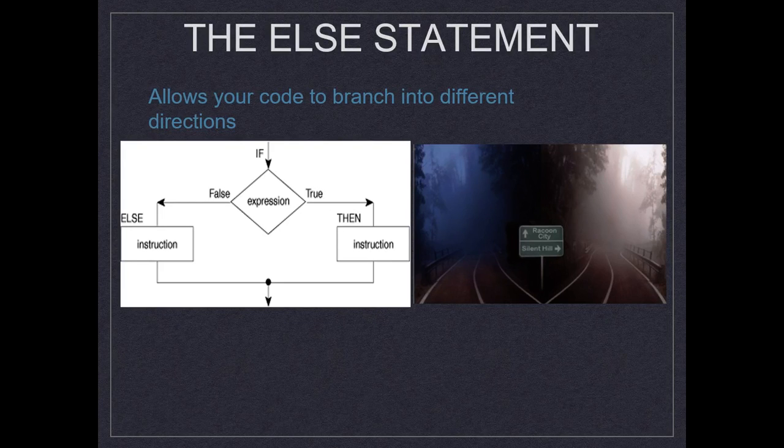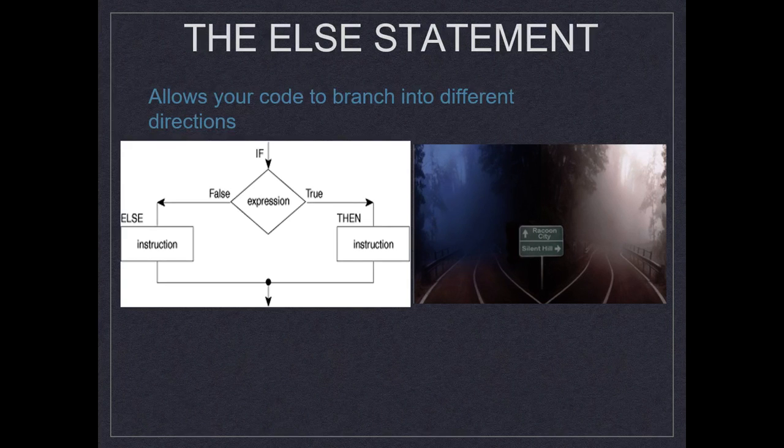All right, so now we have the ability to branch into different directions depending on this. Now, with the if statement, we only had the ability to represent a single set of conditional code that was either going to be executed or just completely ignored. Now, the else statement allows us to run the conditional code that's in the if statement or the conditional code that's in the else statement.